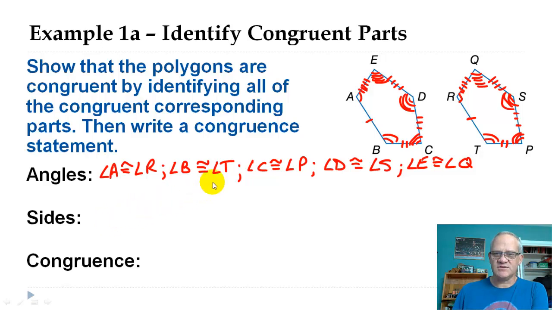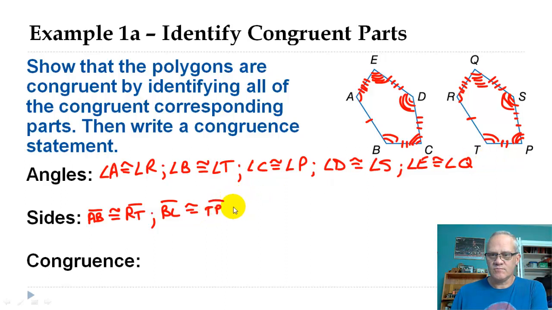Now we're going to list the sides. And so let's start with the one that we've marked with 1 here. So the first side is AB. So we can say side AB or line segment AB is congruent to what? RT. Okay, how about the second one? BC is congruent to TP. Third one, we've got CD, and that's congruent to PS or SP.